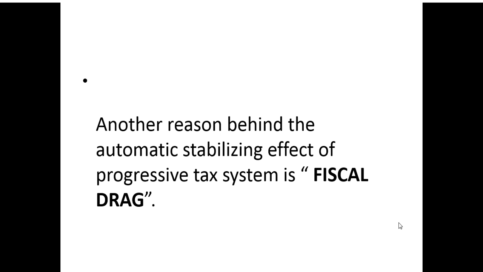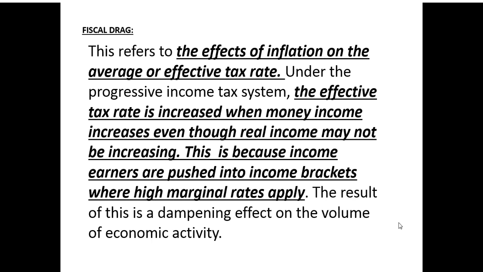By taking that money out, the aggregate demand does not rise that fast, and inflation is kept under control because people have been dragged. This is called the fiscal drag. People have automatically been taken from one tax bracket into another tax bracket. Real income remains the same.